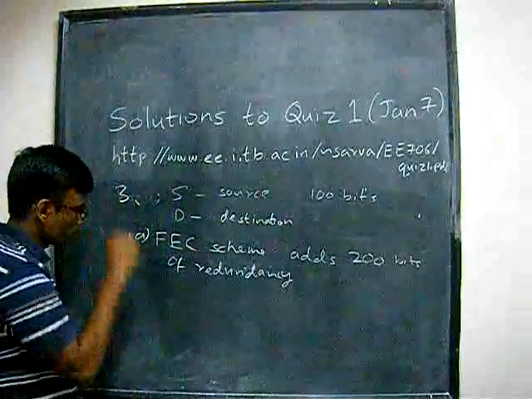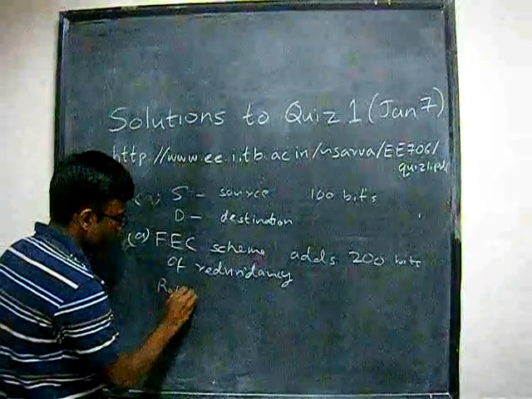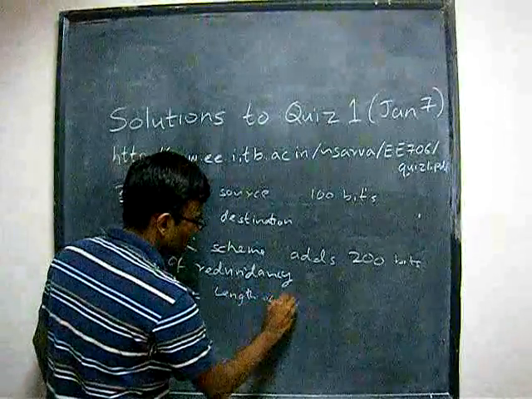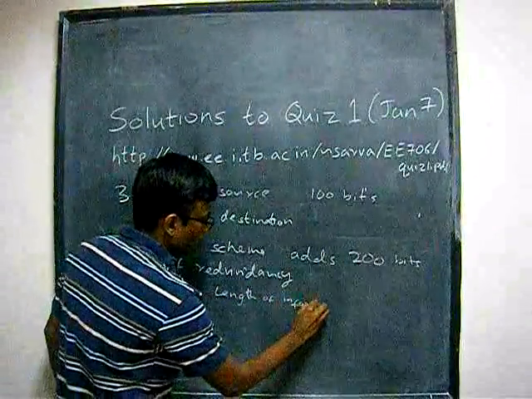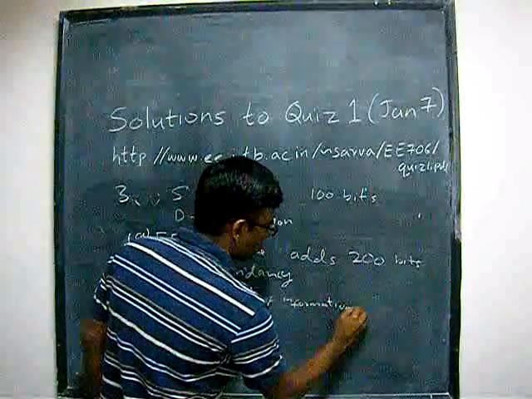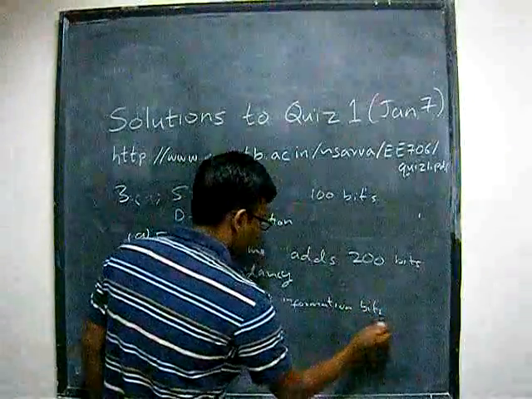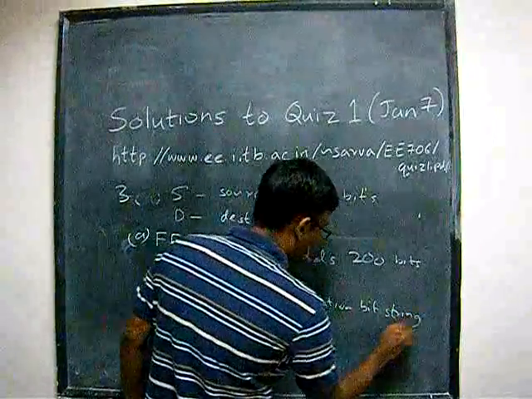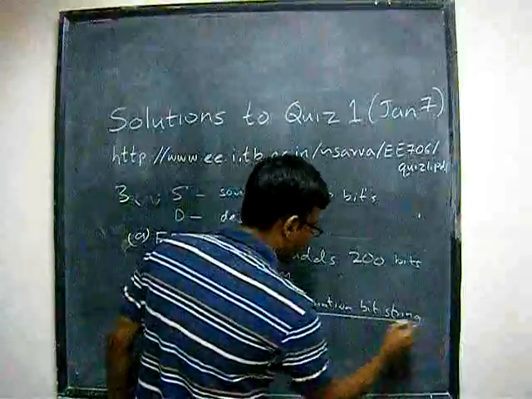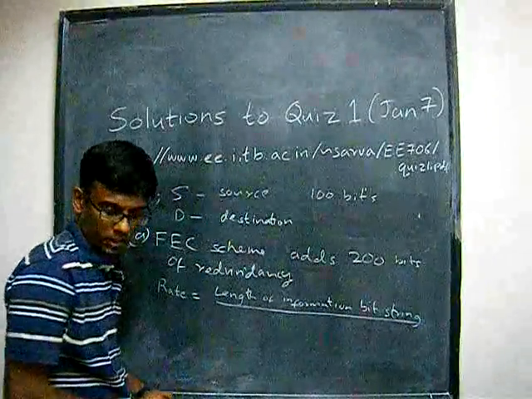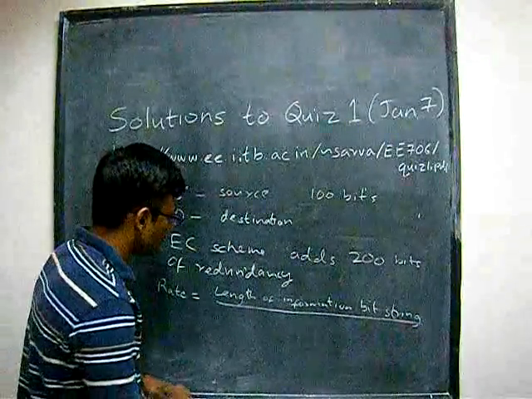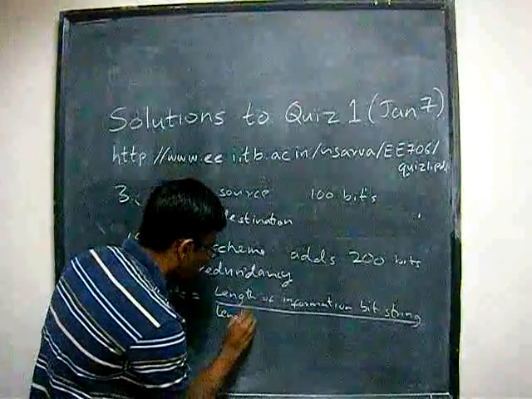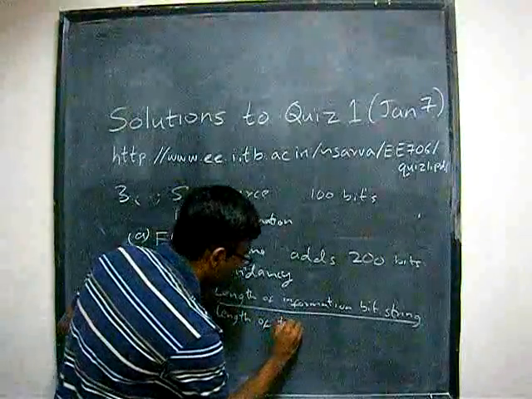The definition of the rate of an FEC scheme was the length of the information bit string over the length of the transmitted bit string.